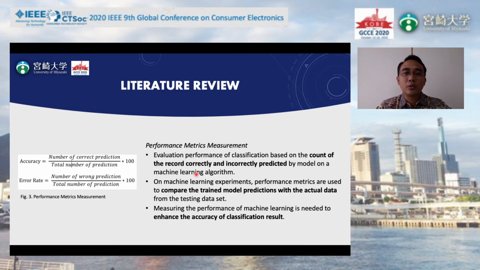And also, we evaluate the performance of classification based on the count of records correctly and incorrectly predicted. In machine learning experiments, performance metrics are used to compare the trained model's predictions with actual data. The evaluation is to enhance the accuracy of classification results. We use these performance metrics for evaluating the methodology.